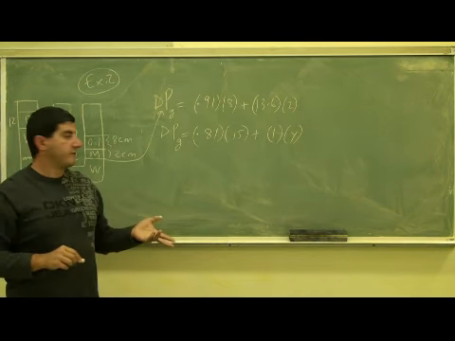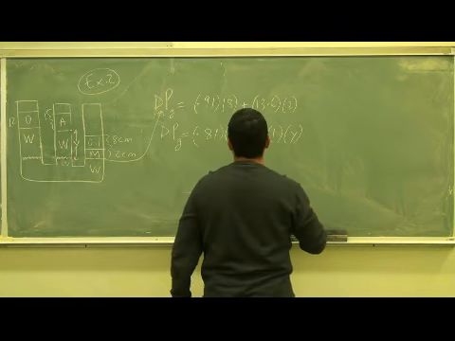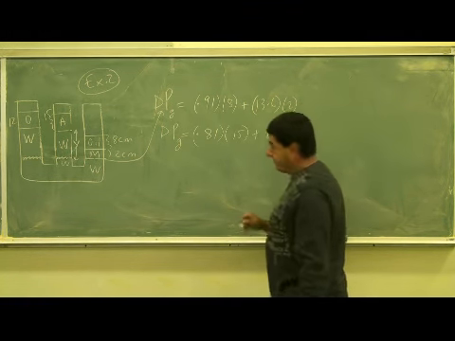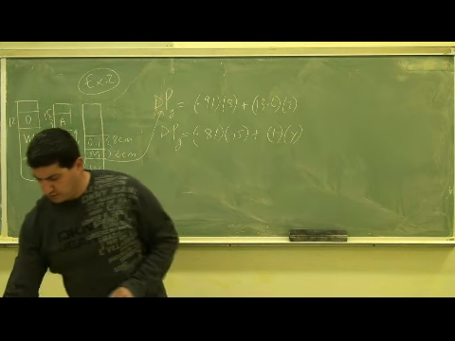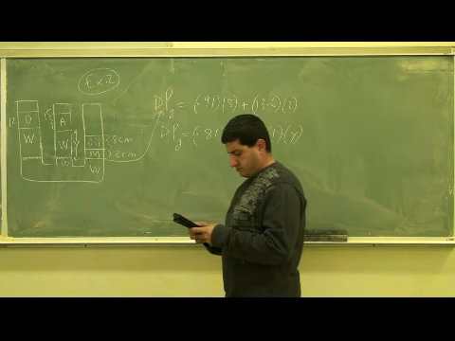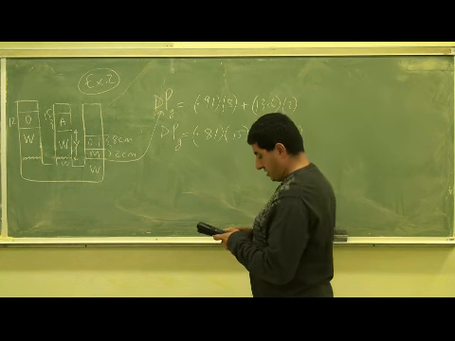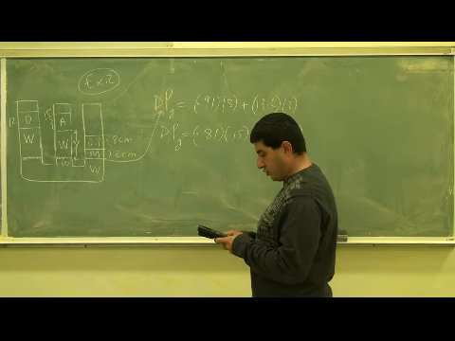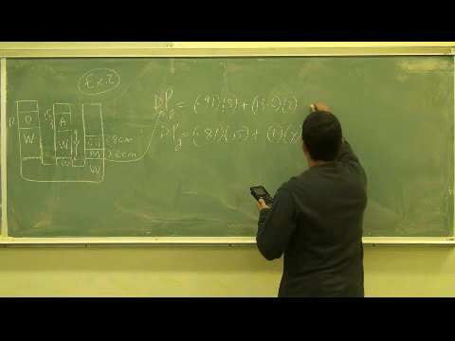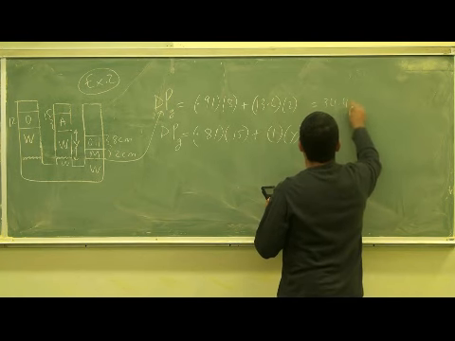So that we can solve for Y, set these two equal to each other. Let's calculate: 0.91 times 8 plus 13.6 times 2 is equal to 34.48.